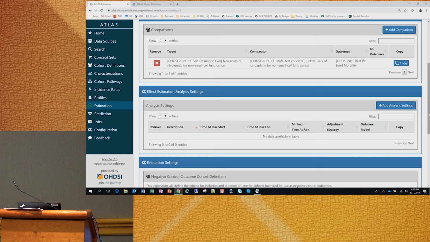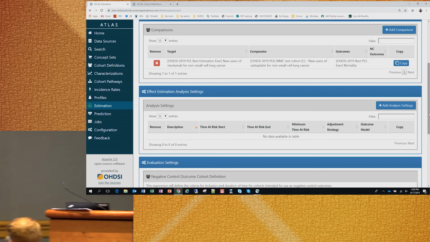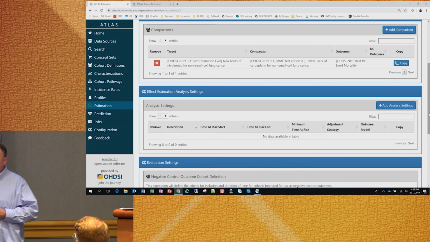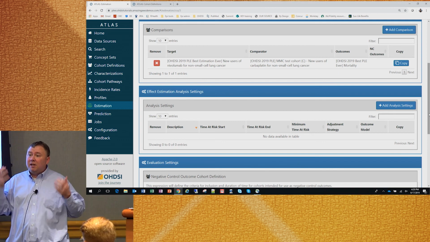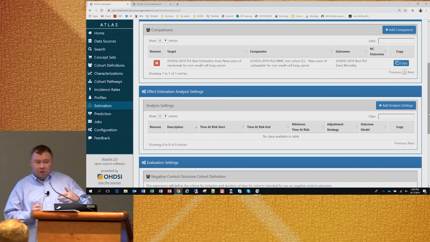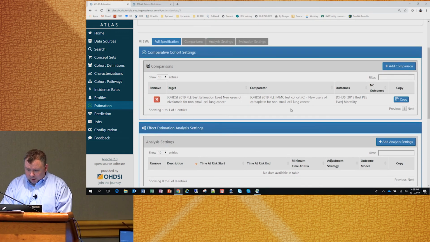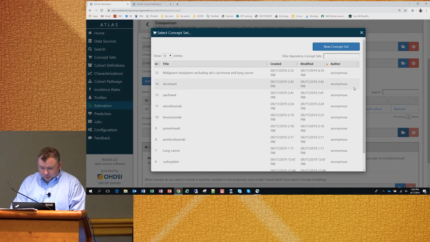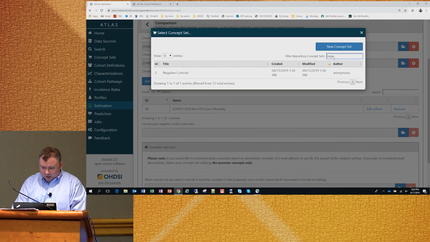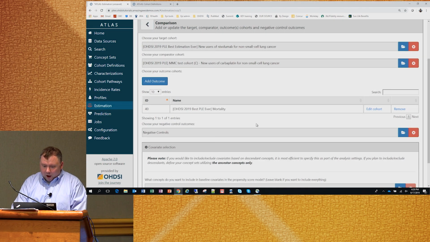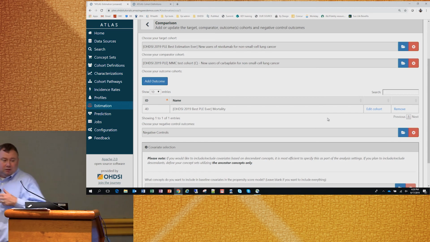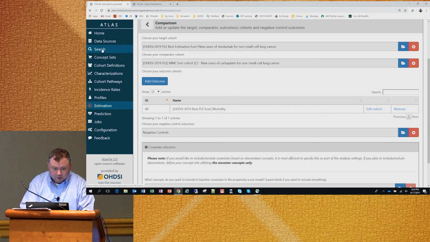So for example, Martijn, you did the ingrown toenail example. Does nivolumab cause ingrown toenails? Okay. Negative outcomes, yep. And if we could define a set of negative outcomes, then we could put them into the tool. In the interest of time, I think there is a set of negative controls here. I'm not going to verify that those are actually good negative controls for these drugs, but the idea is you have a collection, which I'll show you what they are here.